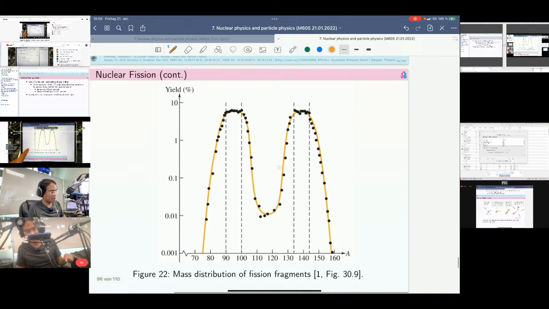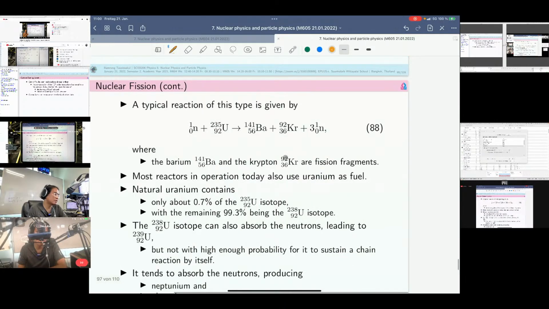And some neutrons will also emerge from this separation of the nucleus. Barium 141 and krypton 92 are the fission fragments. Not only three particles, we also get energy from these three components, right?